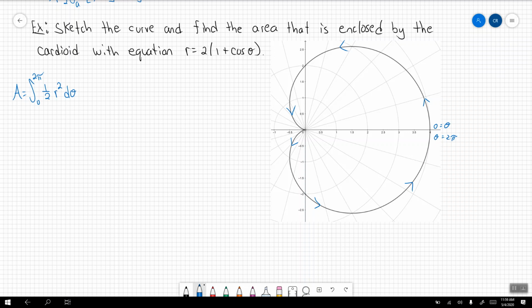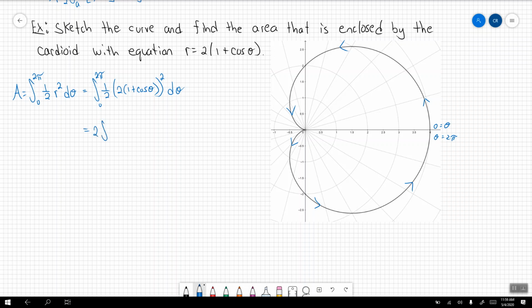Now, what is the r squared? That's just the r value, the radius that we're observing. So from 0 to 2 pi, this is 1/2 multiplied by 2 times 1 plus cosine of theta, squared, d theta. Let's simplify. 2 squared is 4, so 4 divided by 2 leaves us with 2.